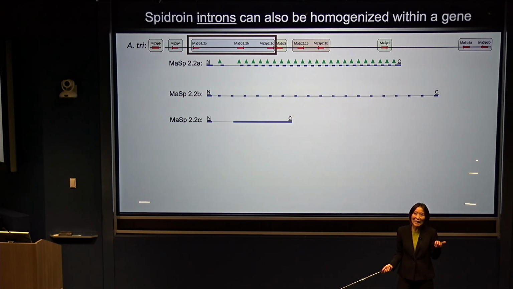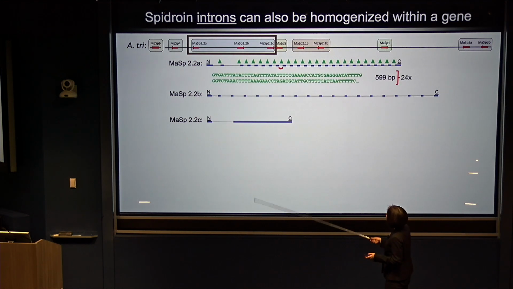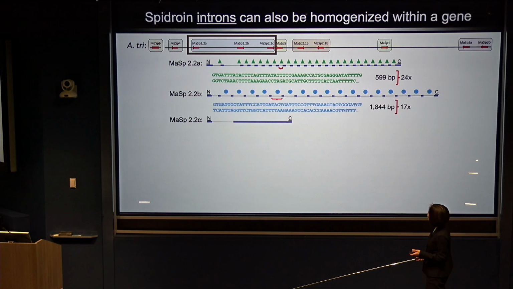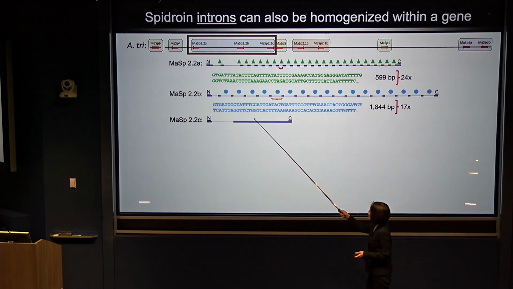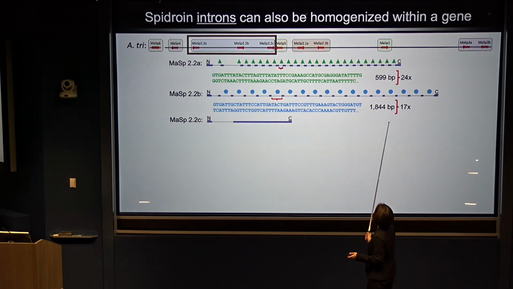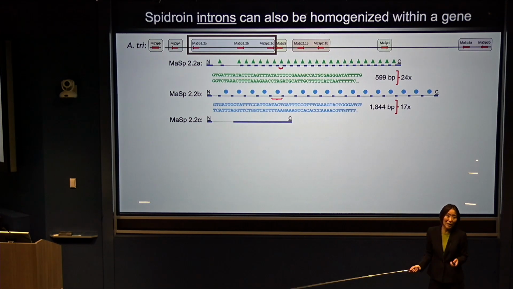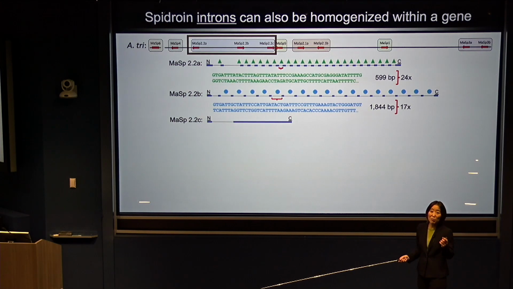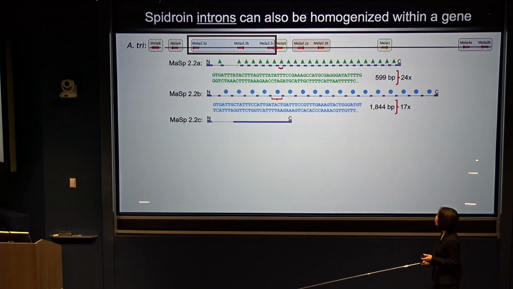So I'm aligning introns from the same gene, and that's what the intron looks like. It's about 599 base pairs. It occurs 24 times in this gene. In MASP 2.2b, it has a different intron, but that intron is also repeated. It's a much bigger one, over 1,800 base pairs, and it repeats 17 times with, and I'm going to show you, near perfect fidelity.